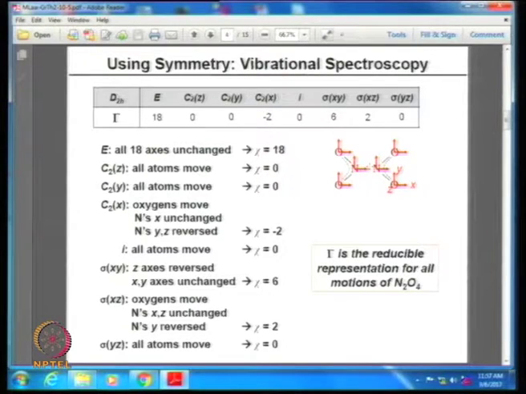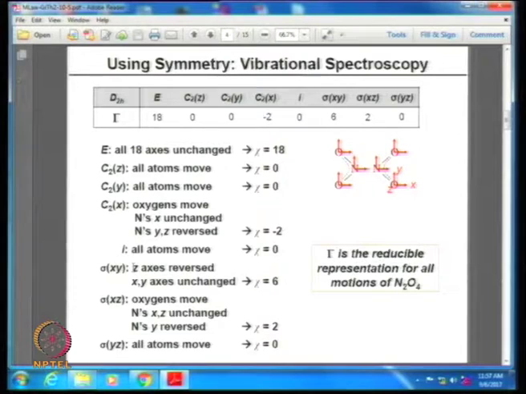So in the X axis rotation and in the Y axis rotation, everything moves, so you get zeros there. Then the reflection planes. So sigma xy, in the xy plane, only the Z axis is reversed for all the atoms in the molecule.